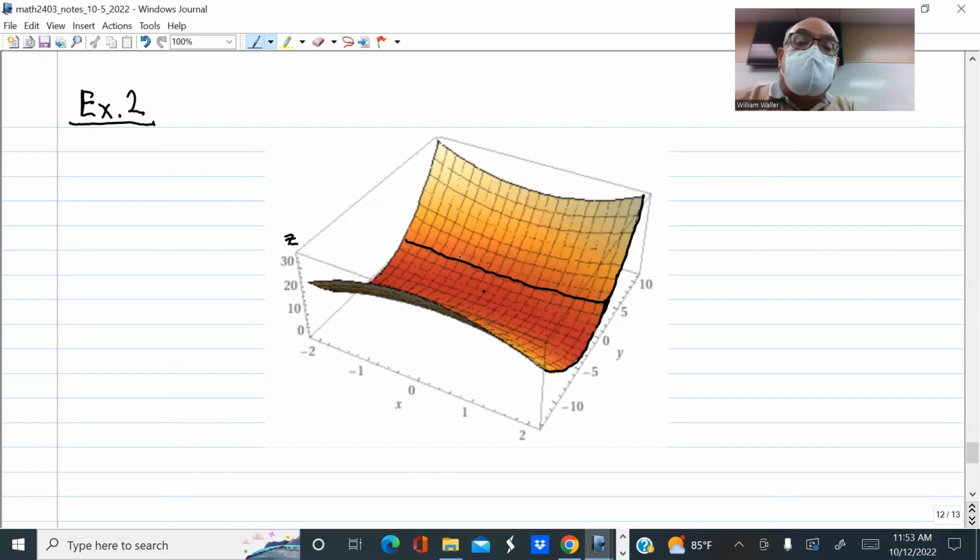But it only tells you the slope of the surface in the direction of the x-axis. So moving parallel to the x-axis, you can use your calculus 1 knowledge to figure out what the slope of this surface is.